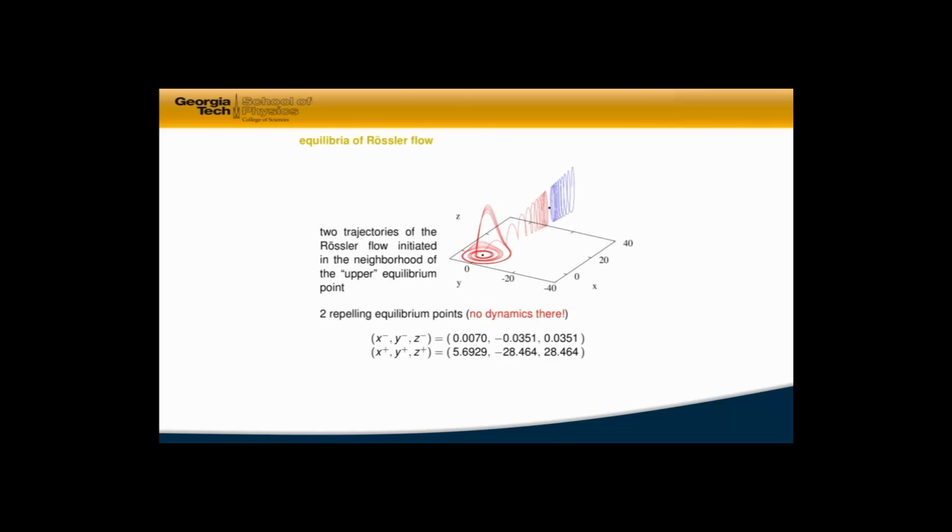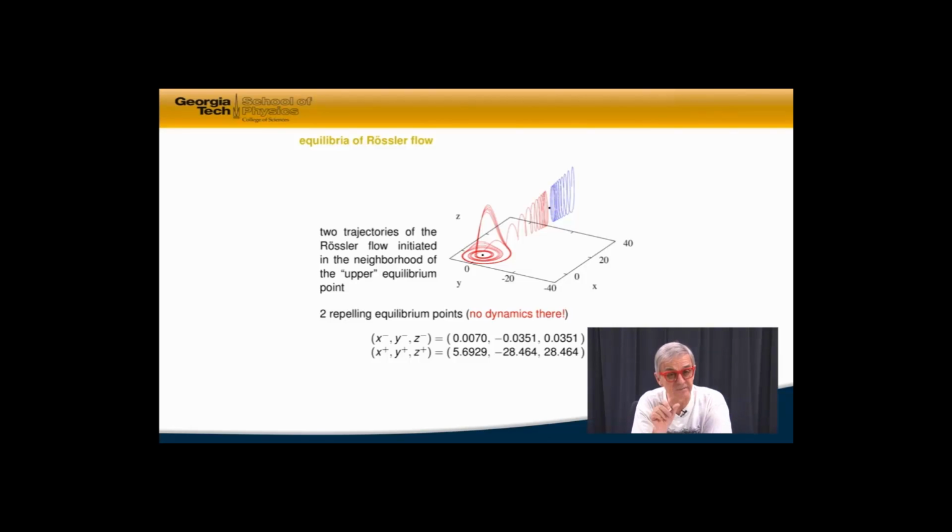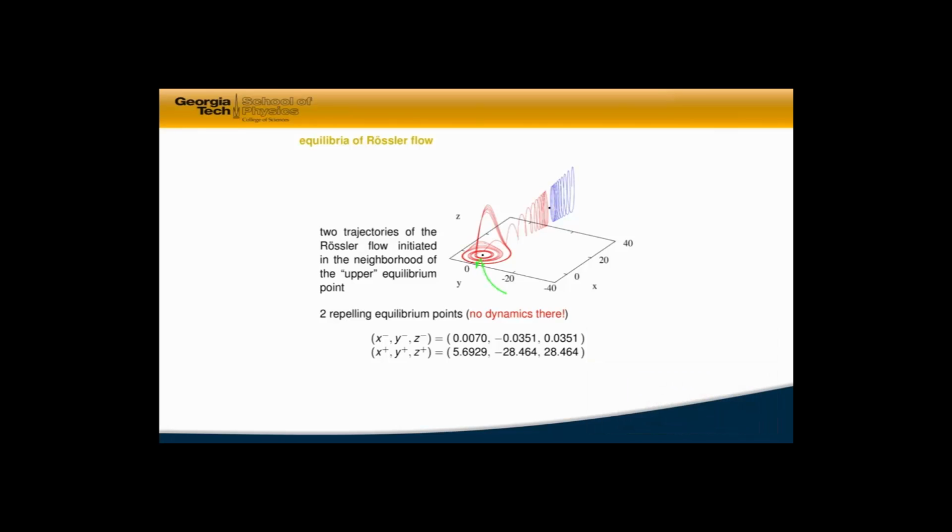When you do this, and you will do it, it's easy to do, you discover that this system of equations is bilinear, so it can be made to look quadratic. This system has 2 equilibria. There is one here, and there is another one here.